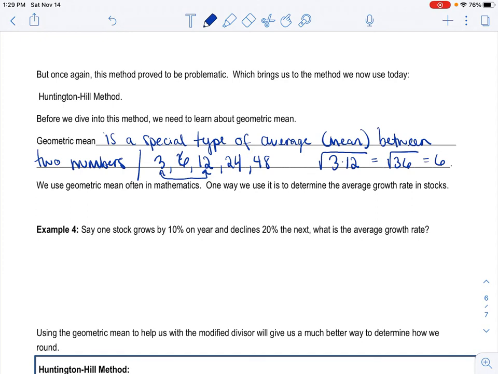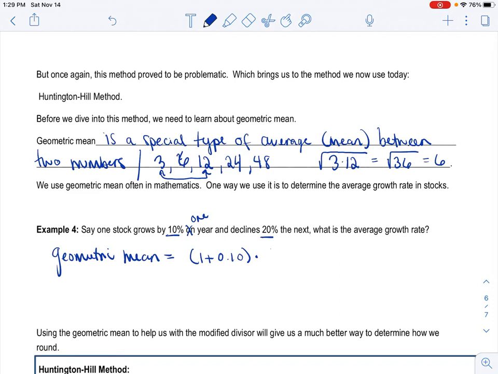Say one stock rose by 10% in 1 year and declines 20% the next. I want to know the average growth rate over those 2 years. Again, this is just a little more information on the geometric mean. I'm going to find the geometric mean, so you multiply these two values together. With growth, when we're talking about percentages, we say 1 plus, so it grew 10%, that's plus 0.10.